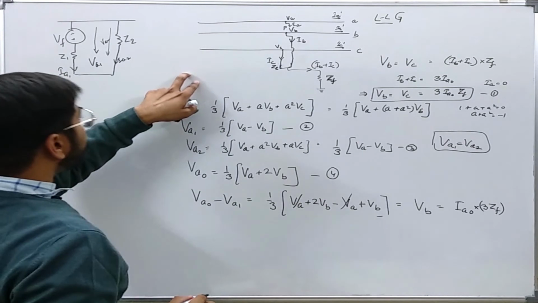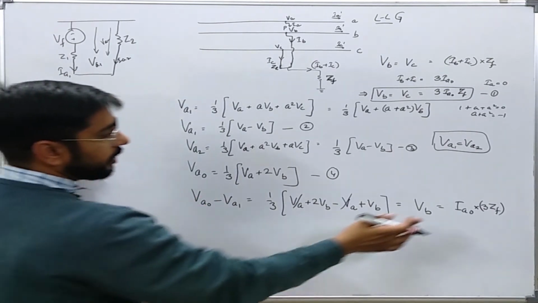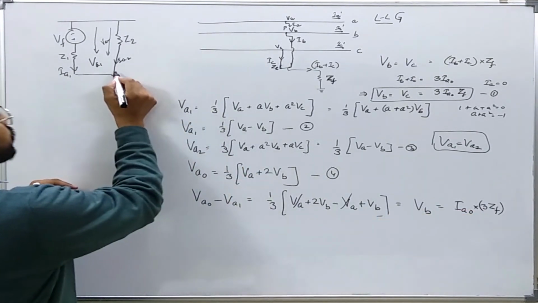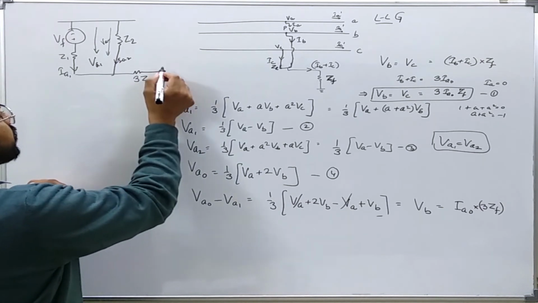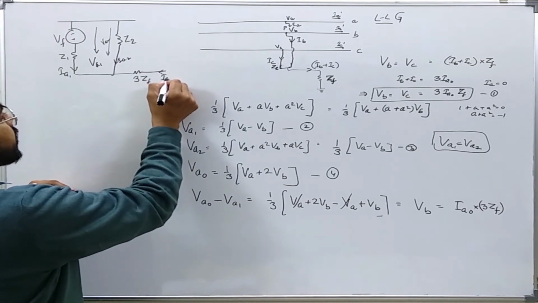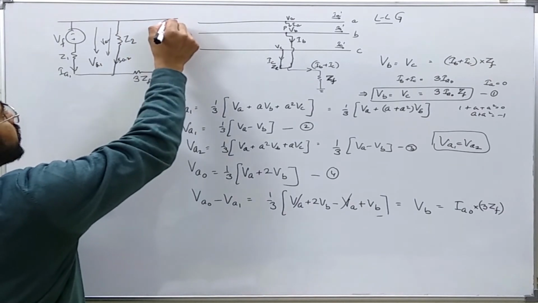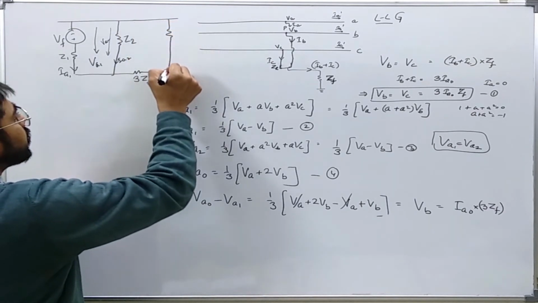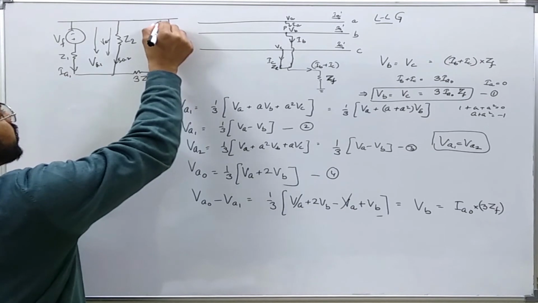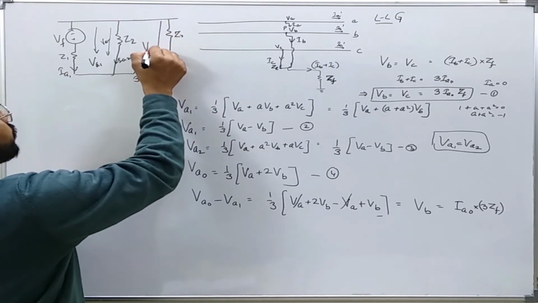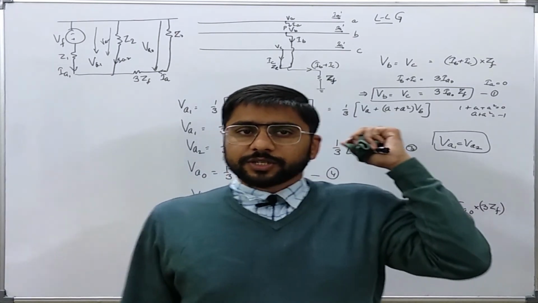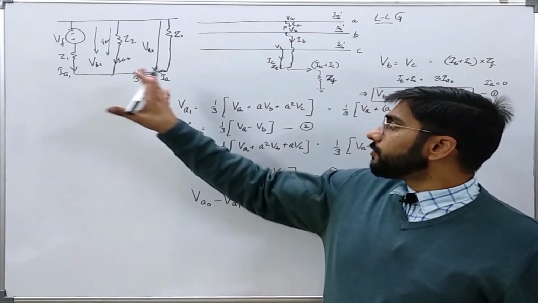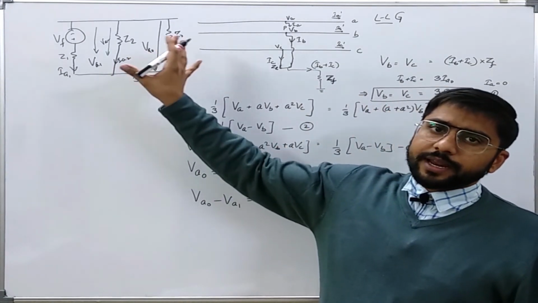Now VA0 minus VA1 is equal to 3 times ZF into IA0. So this is 3 times ZF, and this is current IA0, and this is Z0, and this is equal to VA0. So we have a very good idea that this will be the interconnection of the various sequence networks.